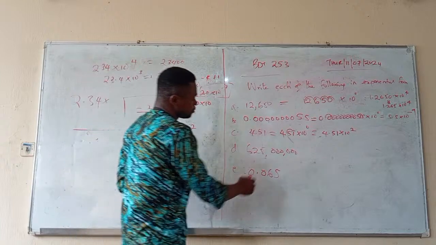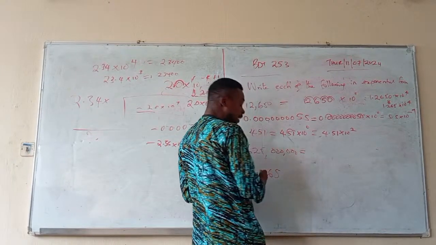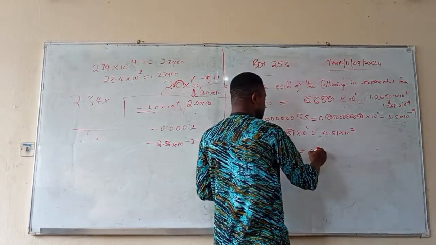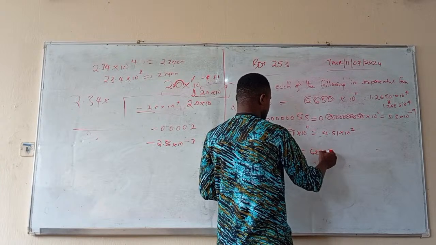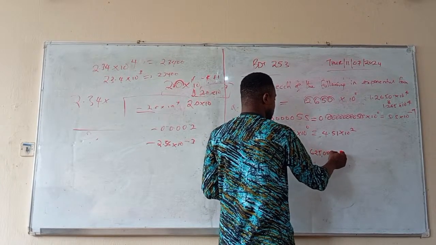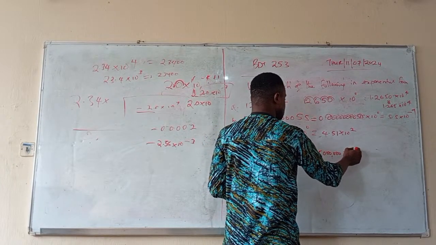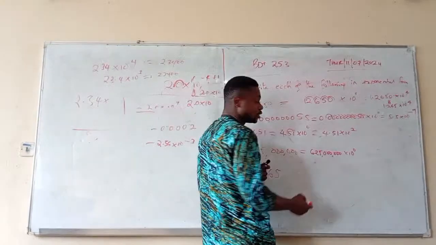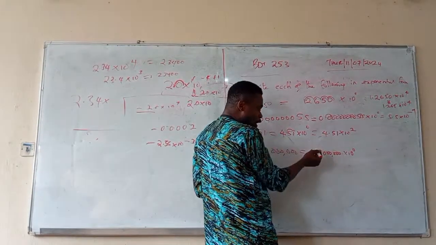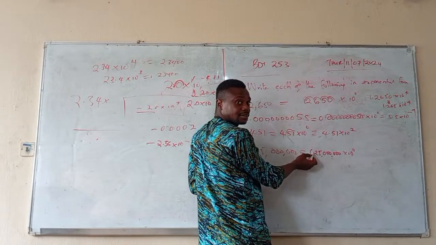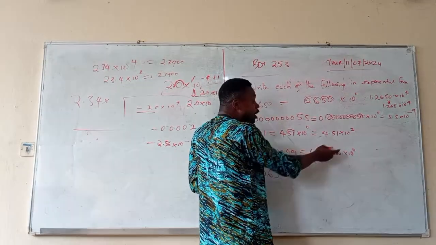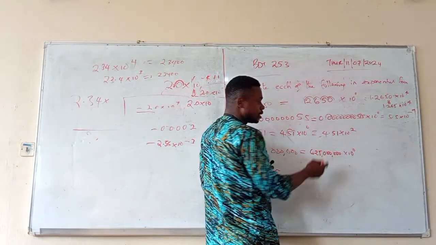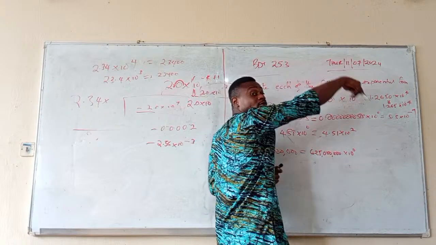What of this? This can also be expressed as 625000000 times 10 to the power 0. There is an invisible decimal point here. Our target is to get to this place. For us to get there, we reduce the decimal places, and as we reduce, we are adding to the power.